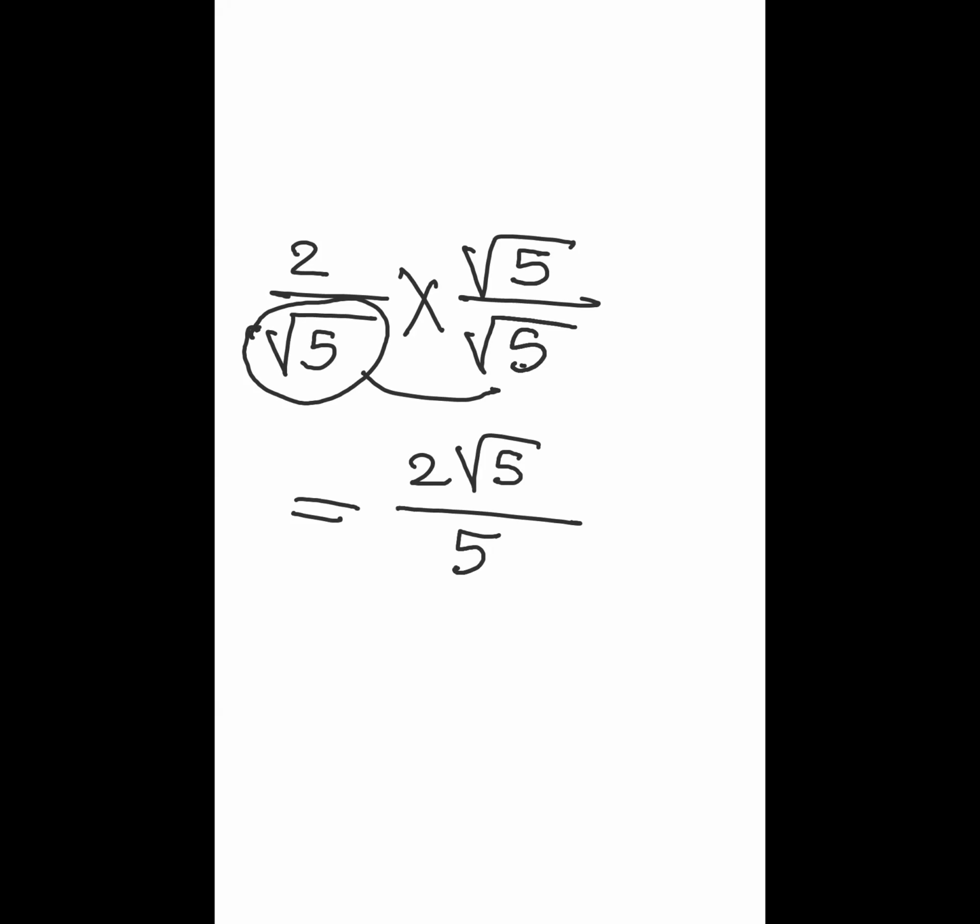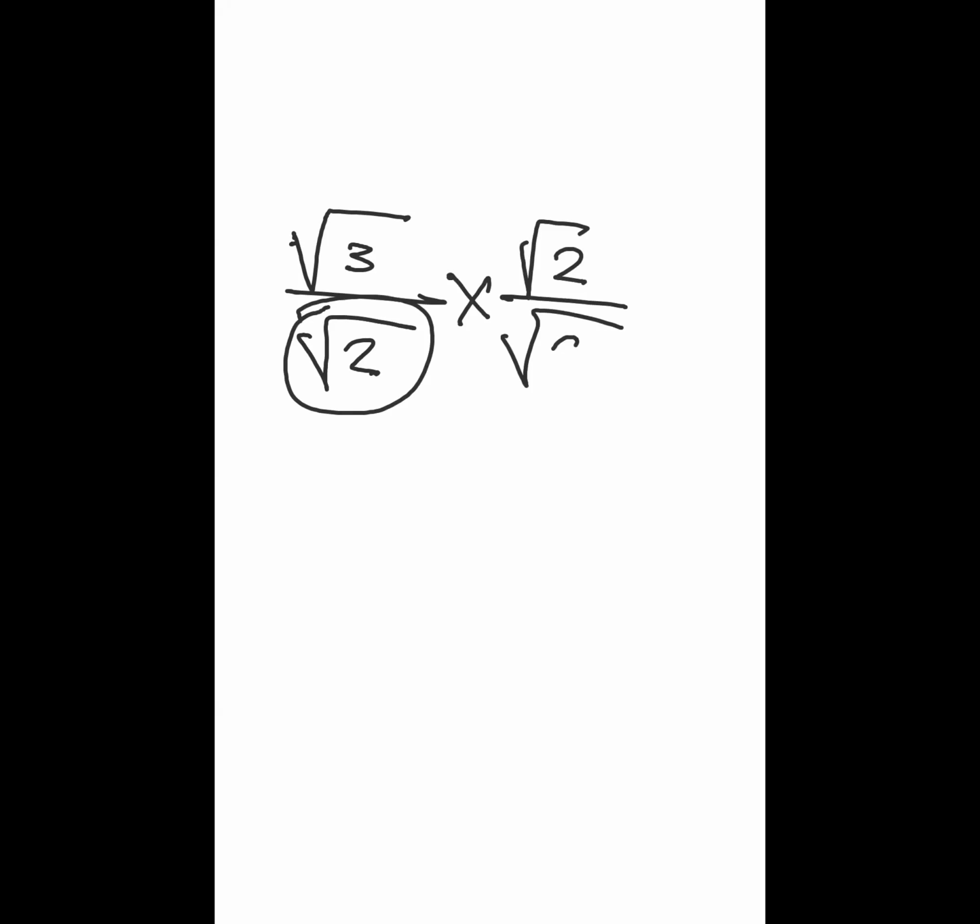Okay. One more example like this one. If it's the square root of 3 over the square root of 2, then simply I will multiply the two terms by the square root of 2 over the square root of 2.